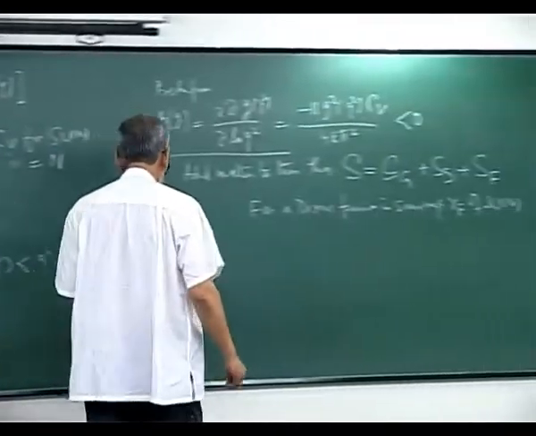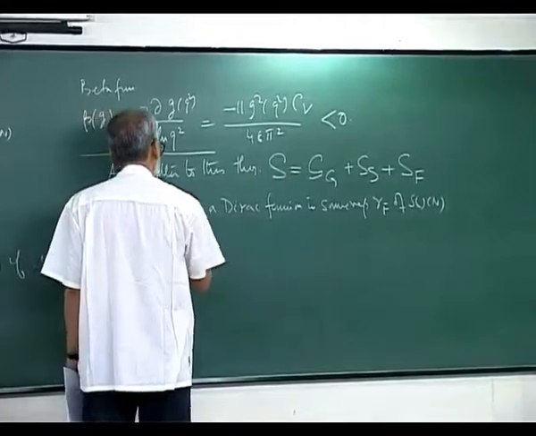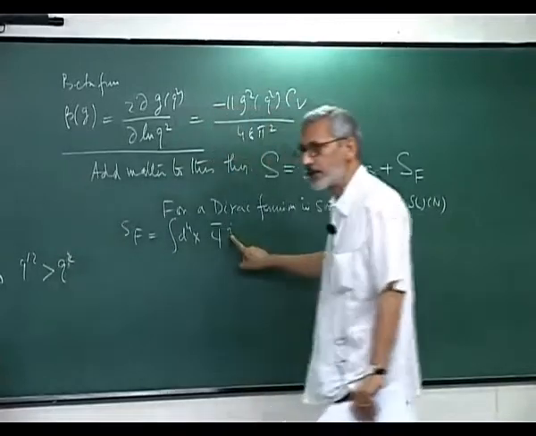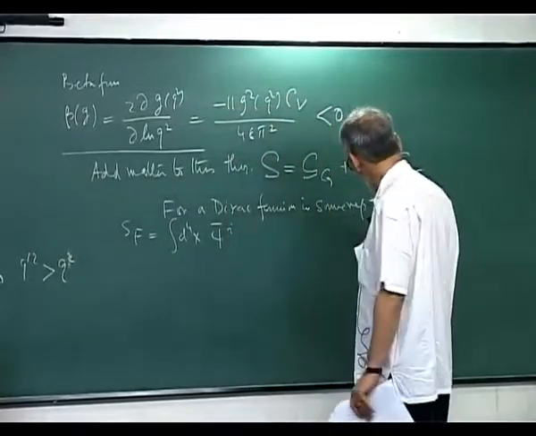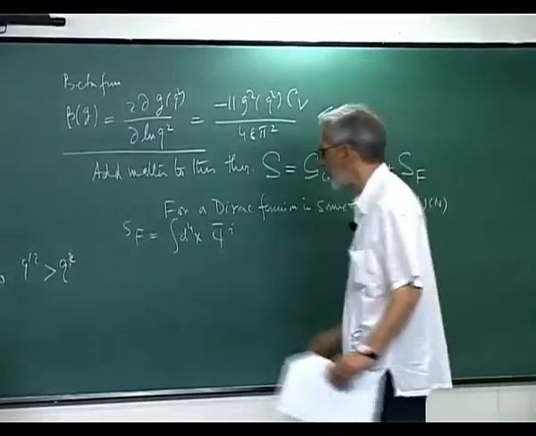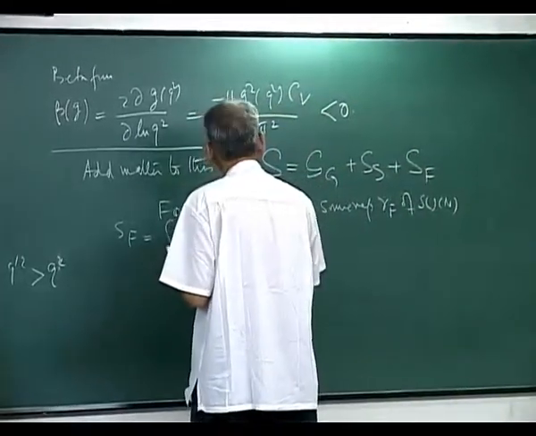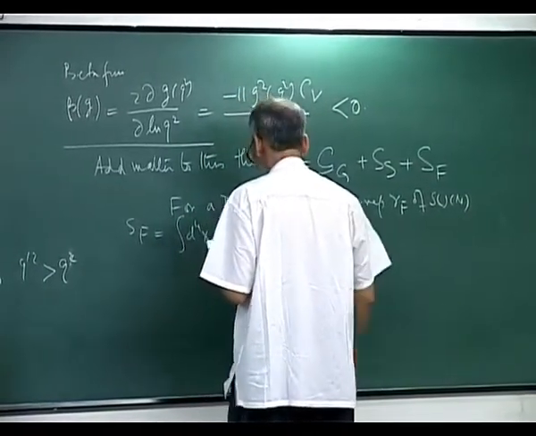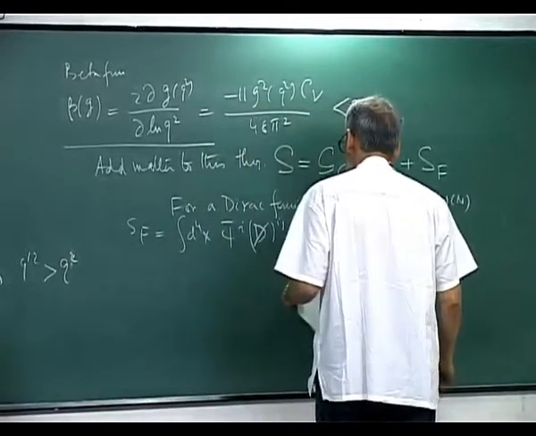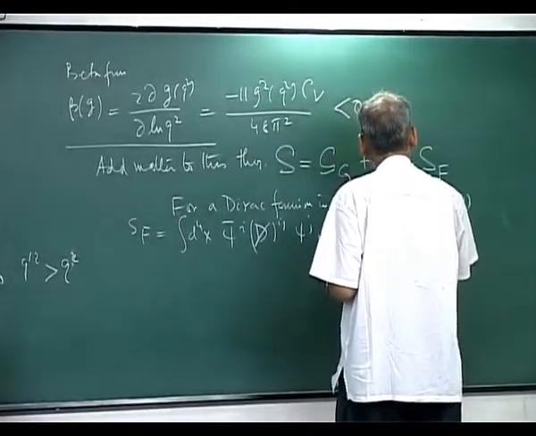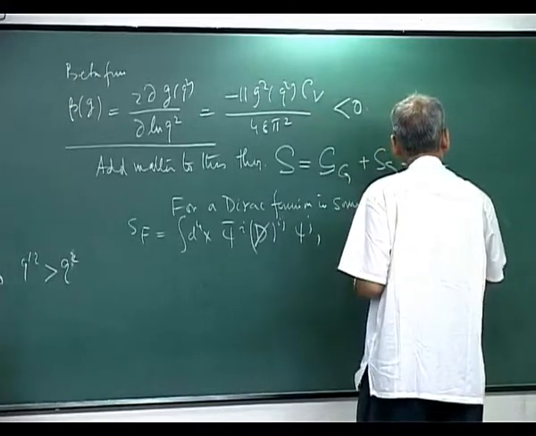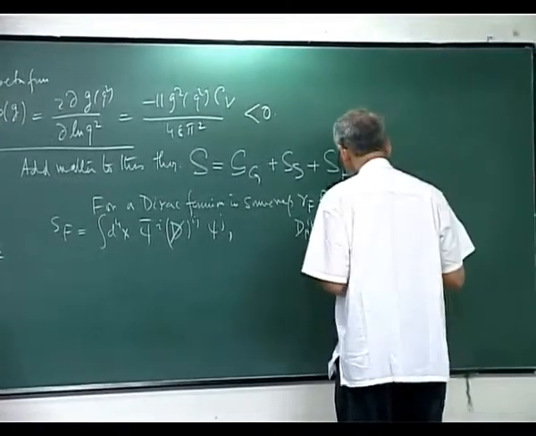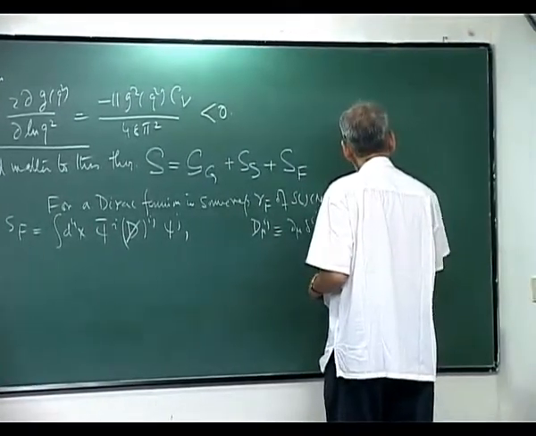And for that we wrote the action S_F as ∫d⁴x ψ̄_i, where i is the SU(N) index corresponding to whatever representation this fermion is in, times D̸_ij ψ_j, where D_μ,ij is δ_ij ∂_μ minus i A_μ^a T^a_ij in R_f.